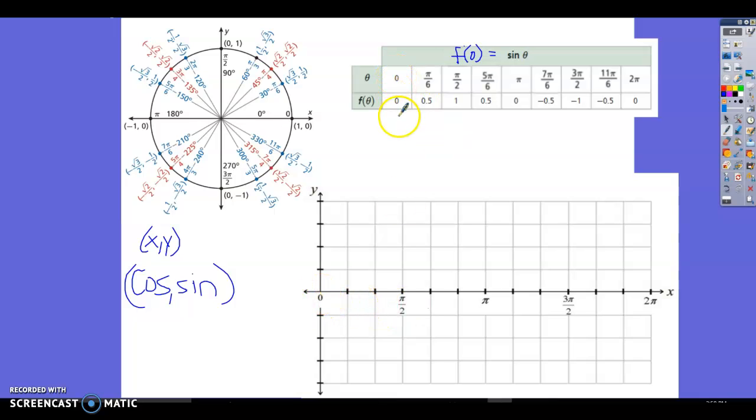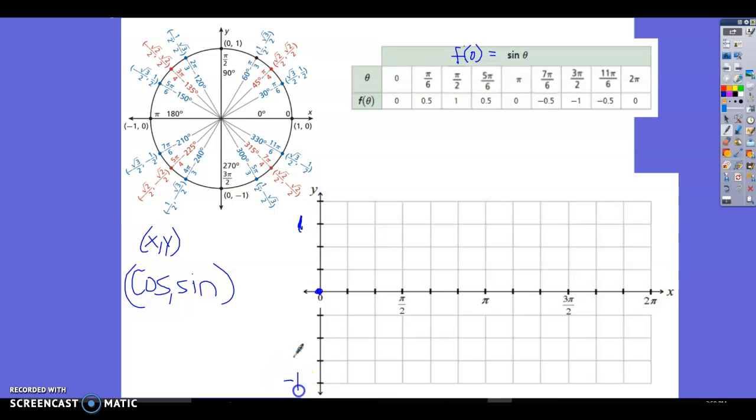So at 0, 0, we're going to have a point. So let's put a point at 0, 0. All right, at pi over 6, that's 30 degrees. We don't have pi over 6 here, but we do have pi over 2. So you don't have to have exactly every point on here. So we can go to pi over 2 as 1. So let's say this is 1.